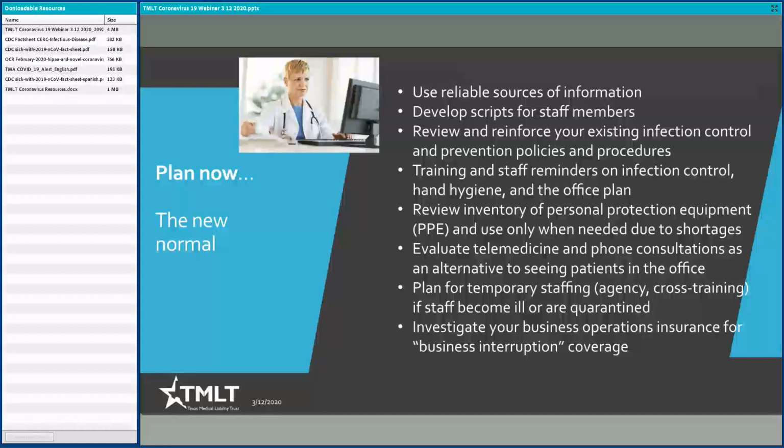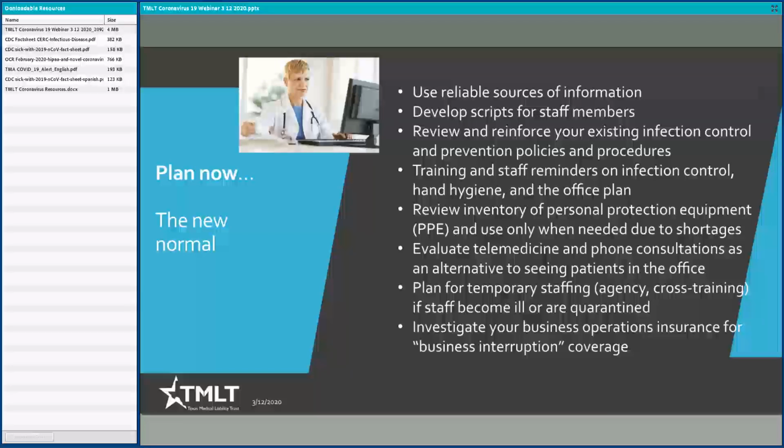That includes using reliable sources of information, as we already discussed, developing scripts for your staff members. Review and reinforce your existing infection control and prevention policies and procedures. Training and retraining staff with reminders on infection control, hygiene, and your office's plan.